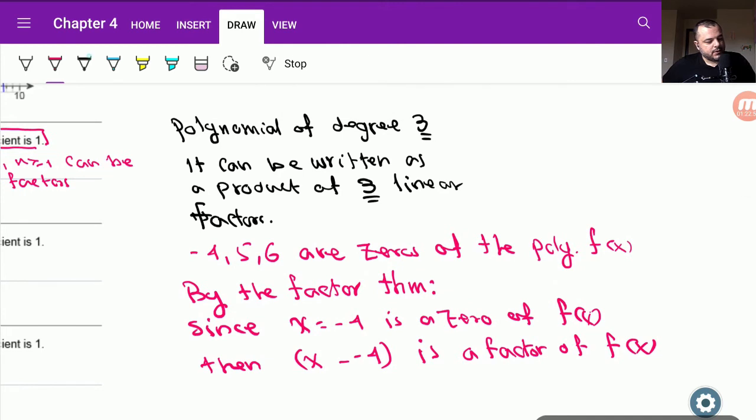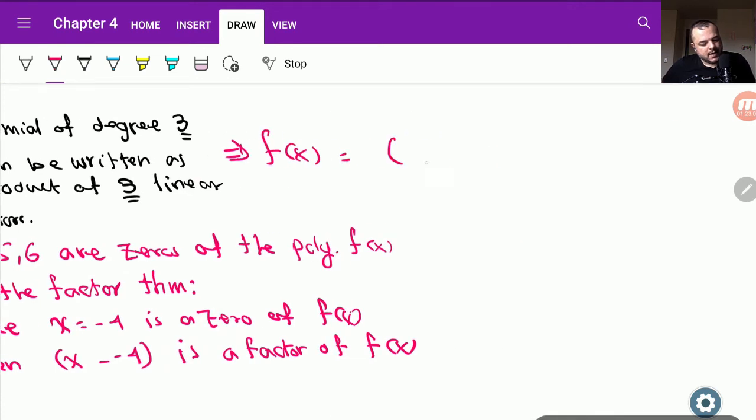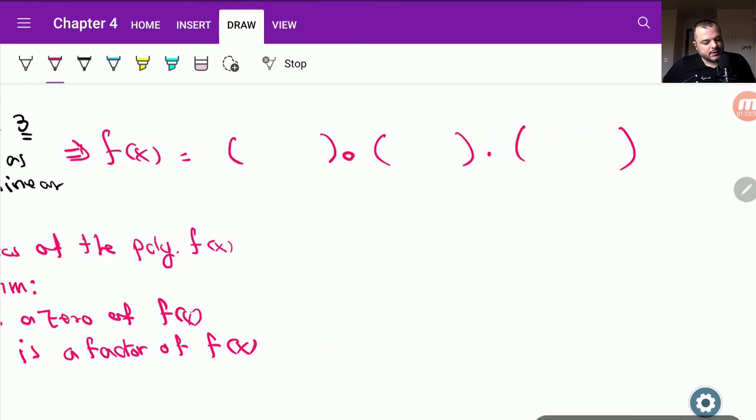So from the first sentence here, we can say f of x can be written as a product of 3 linear factors. This is the meaning of that one. So we need to get these 3 linear factors.